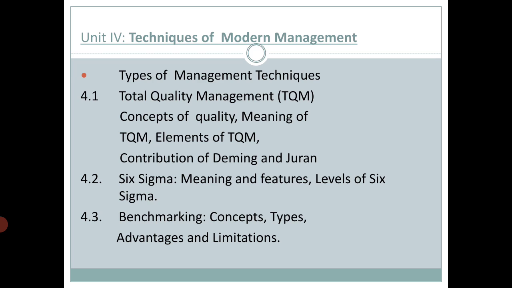Then there are different levels of Six Sigma. The levels of Six Sigma are close to the different belts which we find in martial arts. The processes of Six Sigma are executed by Six Sigma black belts and Six Sigma green belts.